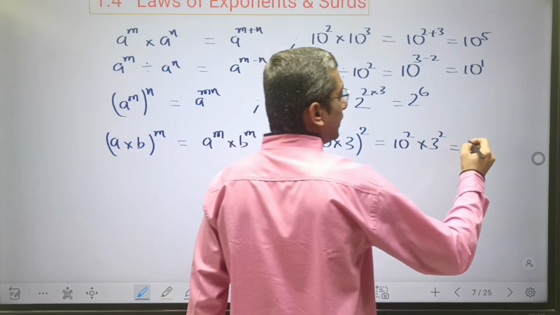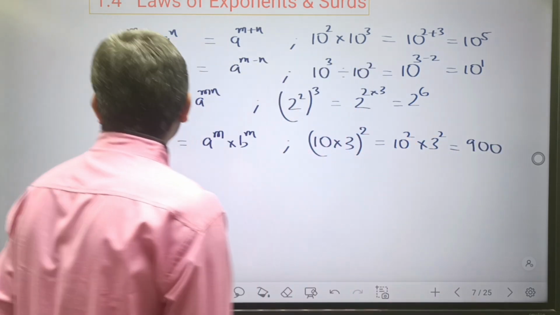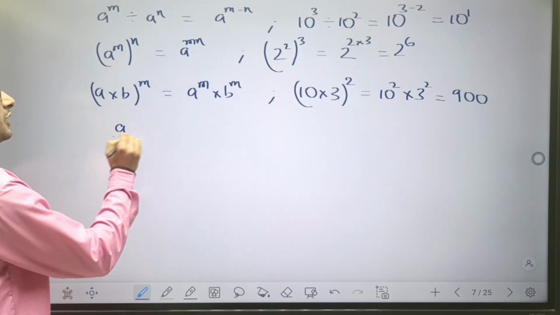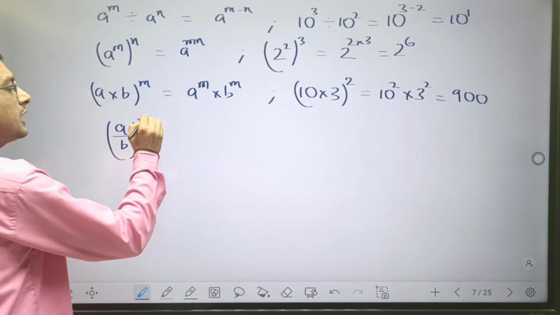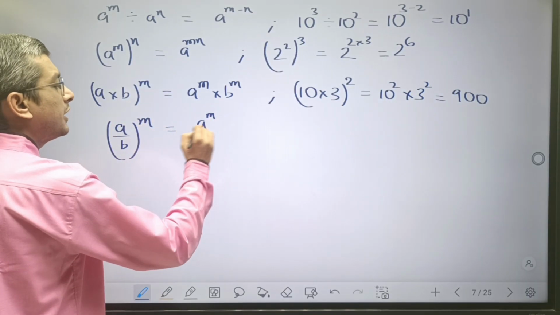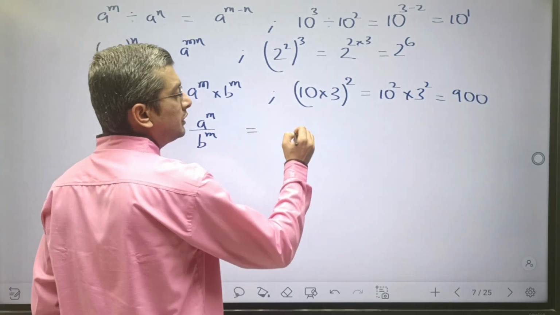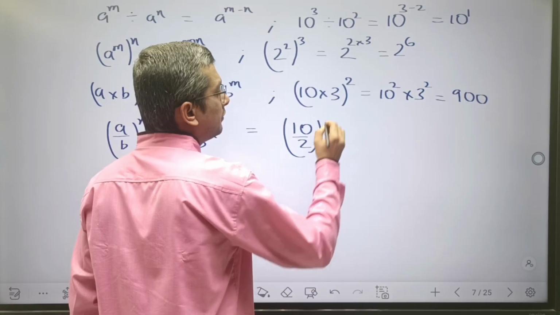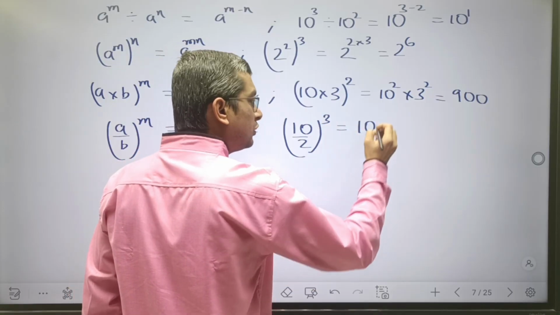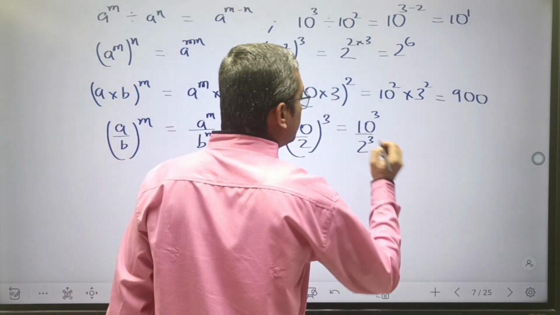So you will get 100 into 9, that is 900. Similarly, if you write a divided by b, whole to the power m, so this will be a to the power m divided by b to the power m. For example, 10 divided by 2, whole to the power 3, it means that 10 to the power 3 divided by 2 to the power 3.